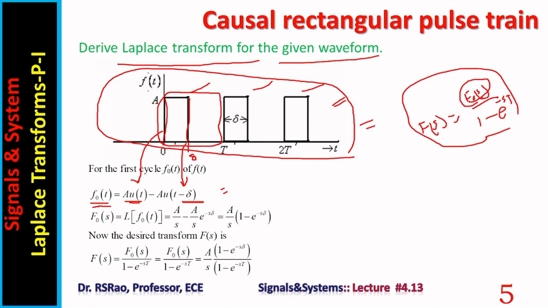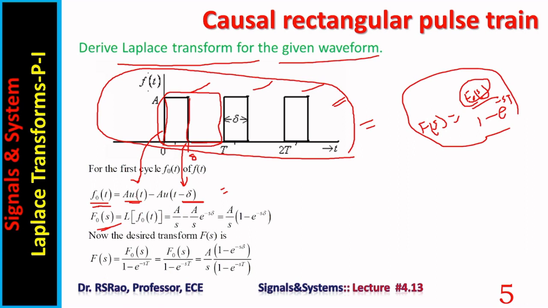Now the Laplace transform of f naught of t, that is f naught of s, can be found by applying Laplace transform to f naught of t. Of course, one has to apply the transform to the signal between delta and t also, but it is 0, so we need not bother about it.